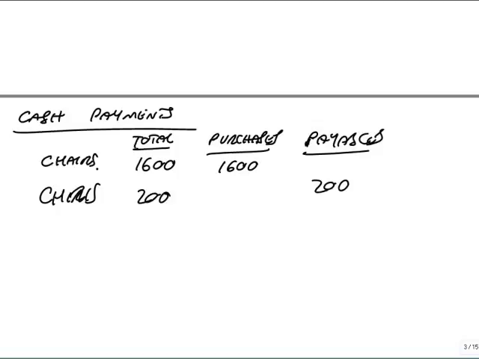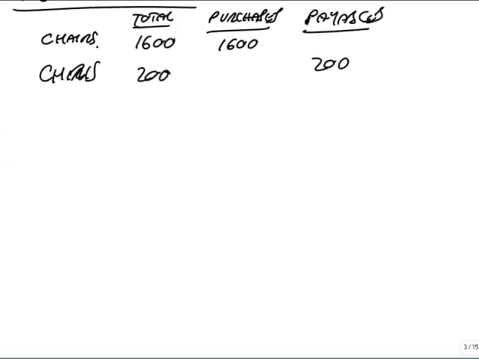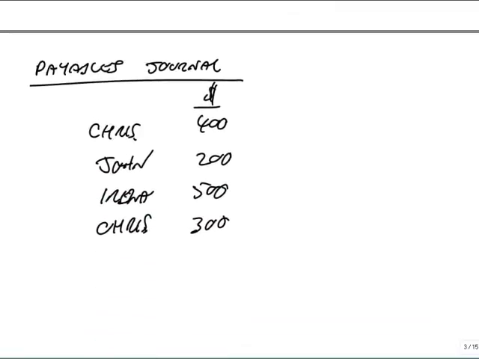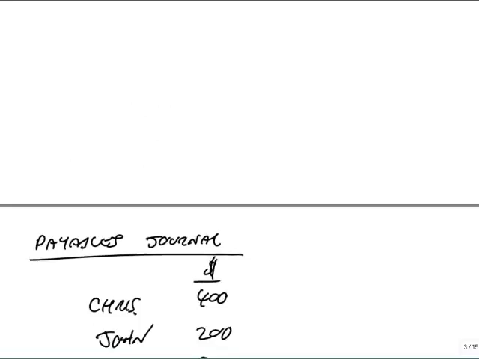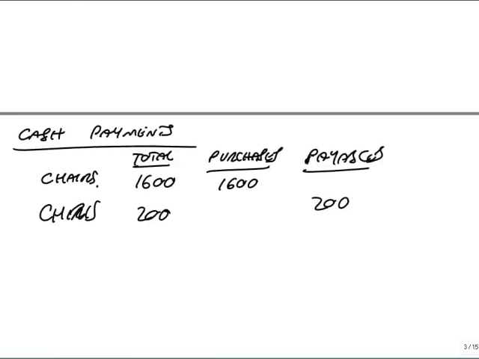It's actually going to be a bit of a problem, because if I want to know how much I owe Chris, I'm going to have to look in this book and start going down this list and say, oh, I owe him 400, I owe him another 300, that's it. Yeah? But remember, this list could have thousands on it. And then I'm going to have to look in cash payments book, and I'm going to see, have I actually paid him anything? Here, 200, but again, there could be thousands of them.